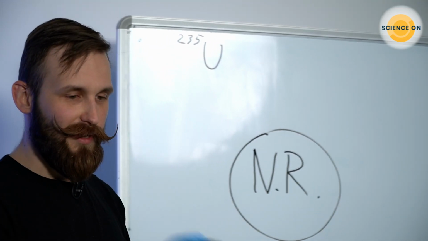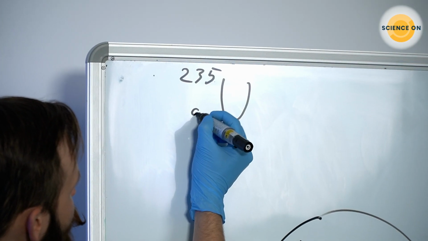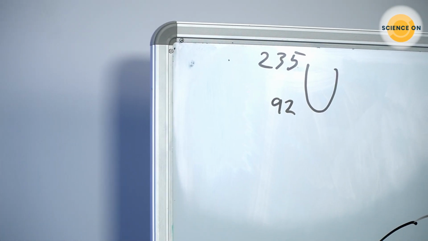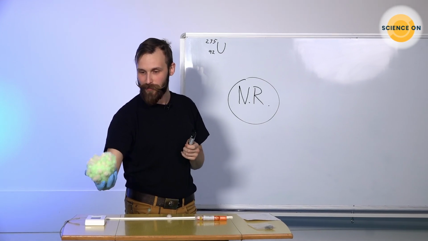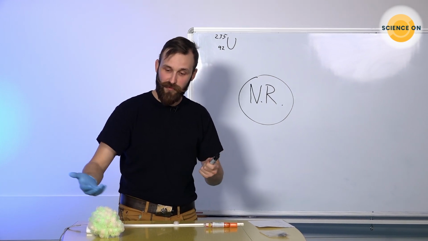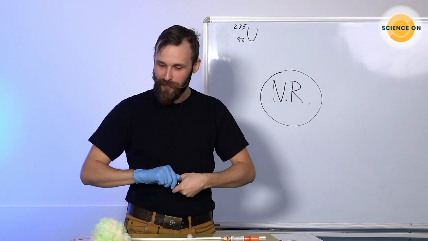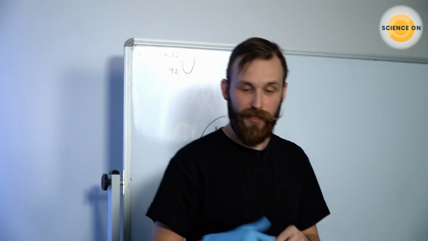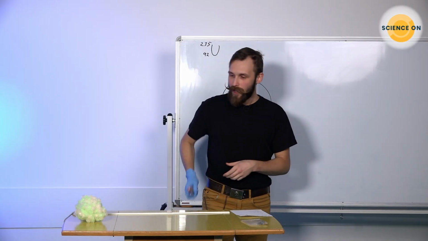And the number of protons is often written in the lower left corner, so it's 92 protons. This is our uranium, which is used not to create, but to have some energy, to make thermal energy and then electric energy in a nuclear power plant.